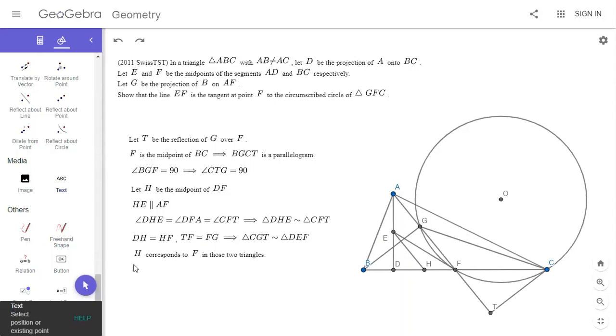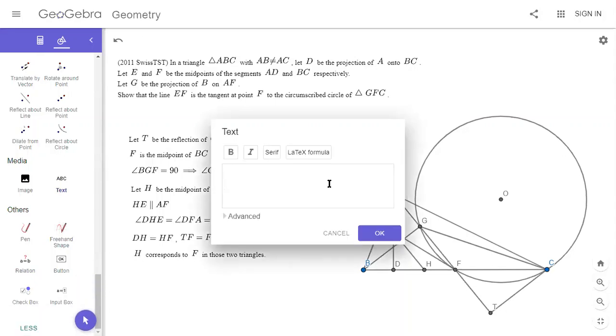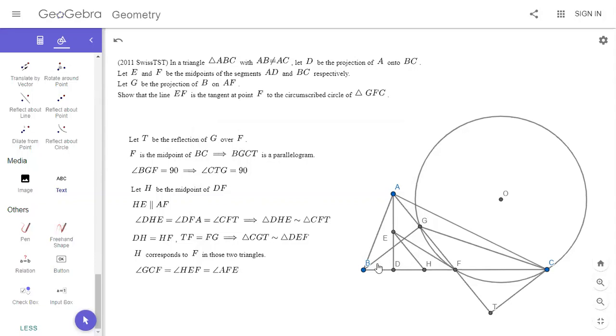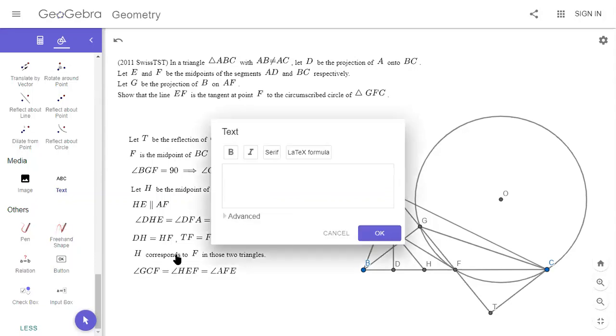And if that's true, angle GCF is equal to angle HEF is equal to angle AFE. And so EF is tangent to the circle. Wow, this is so much harder than it had to be, I feel like. Oh well. All right, next problem.